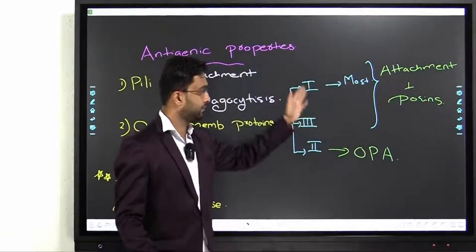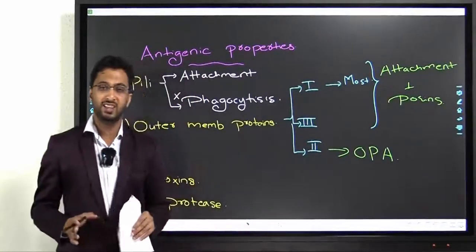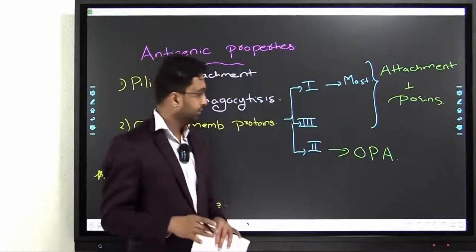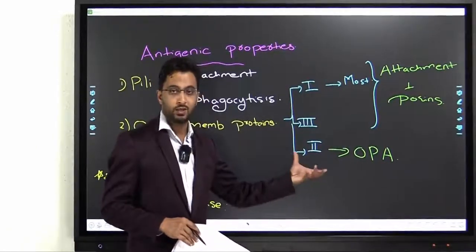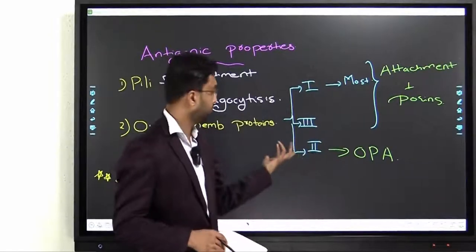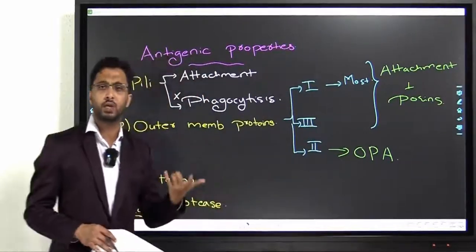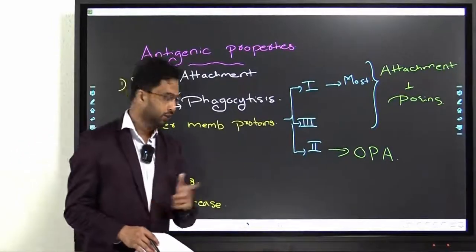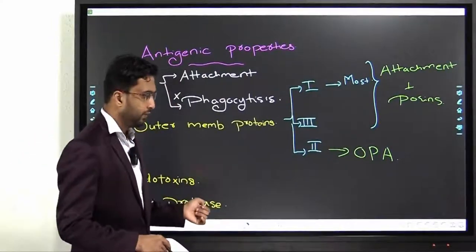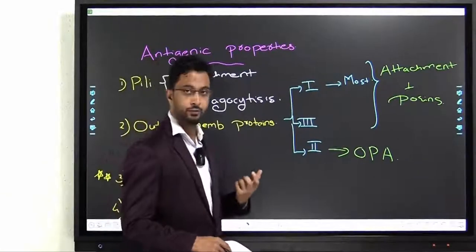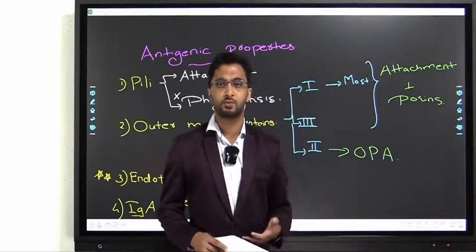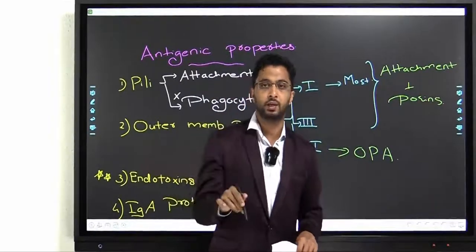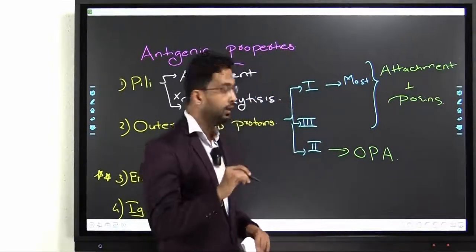Just know 1, 3, 2 and what the role is. Certain things you don't need to go into depth, but it will help you understand what the opacity associated outer membrane protein, OPA, is. So which of the following is OPA? They'll give you 1, 2, 3, 4. So it's 2. Don't think that you are learning everything perfectly and will remember, because when the question comes, you'll forget it. That's why developing a photographic memory is very, very important.